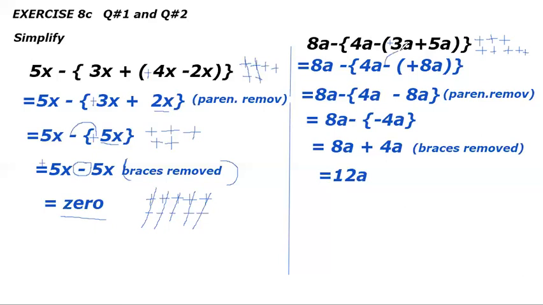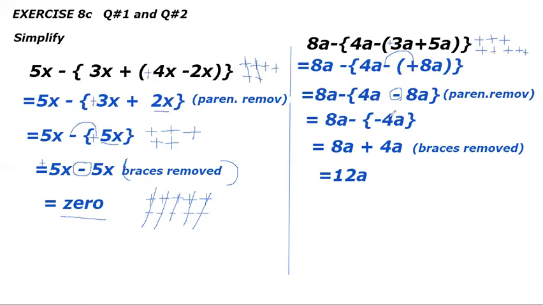Negative sign is multiplying with positive sign. Negative multiplied by positive gives us a negative sign. That's why a positive 8a becomes negative 8a. And now I need not put the parenthesis over here. We will remove the parenthesis in this step after multiplication of a negative sign with a positive sign.